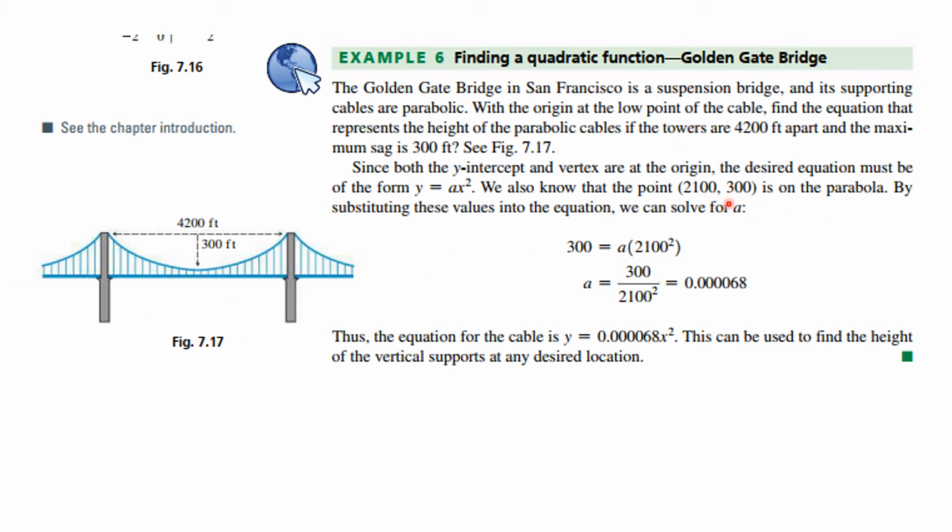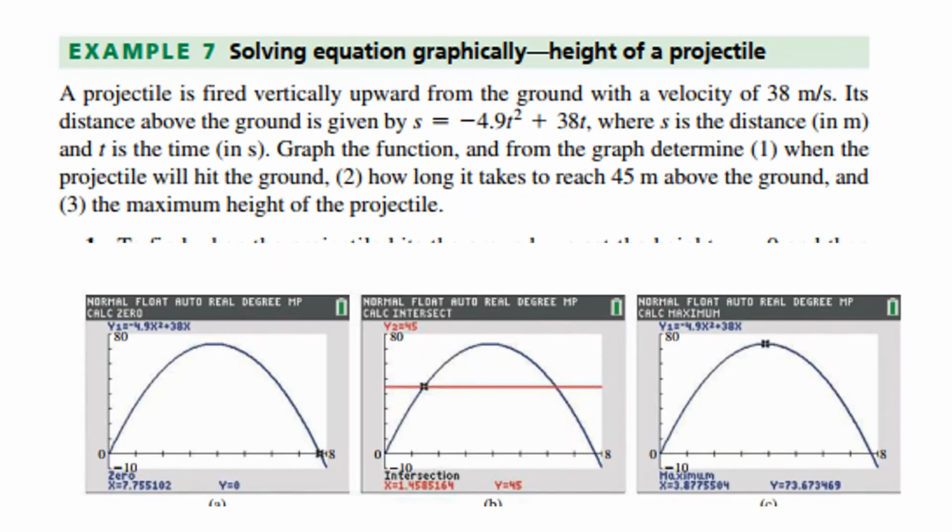So we can take this point and plug it into this equation. So for x we'll take 2100, for y we will take 300, and we will solve and figure out what a is. So this is the equation of the cable, and that means you can find any of these points that you care to.